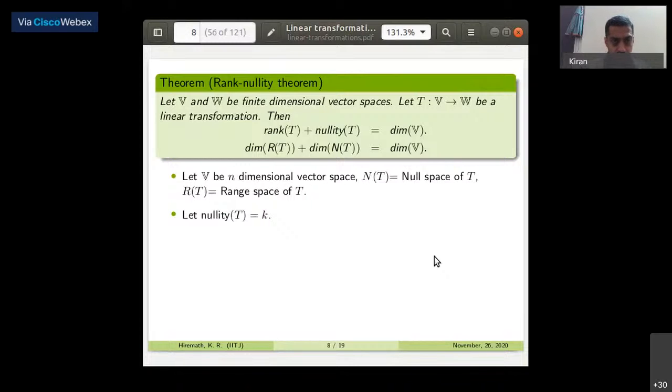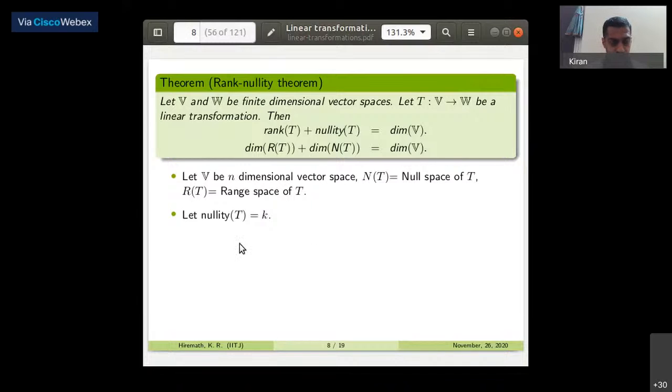Now, look at the statement. The dimension of V, I'm assuming, is n. So let me also assume the dimension of the null space of T is k. So if I say that the null space of T is k dimensional, what is the conclusion of this?